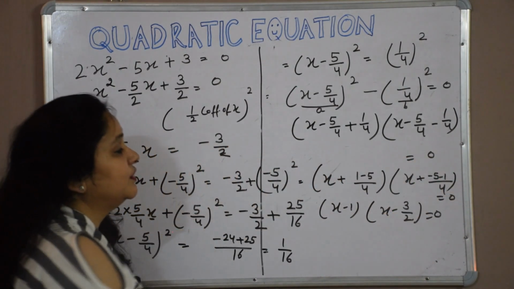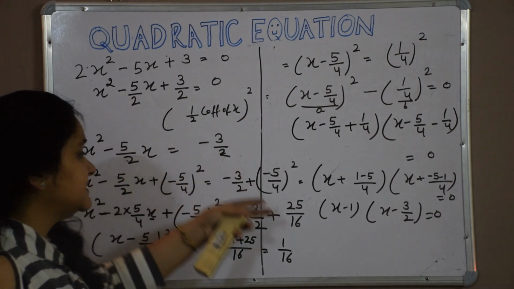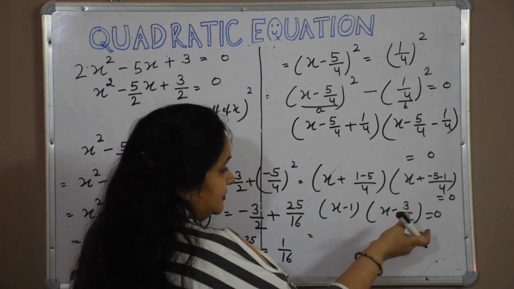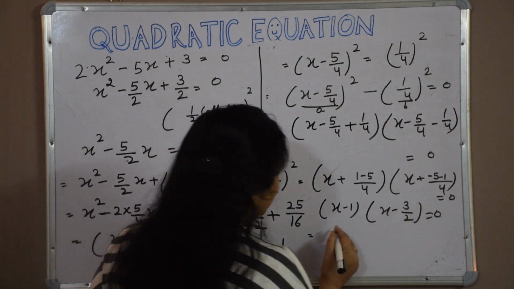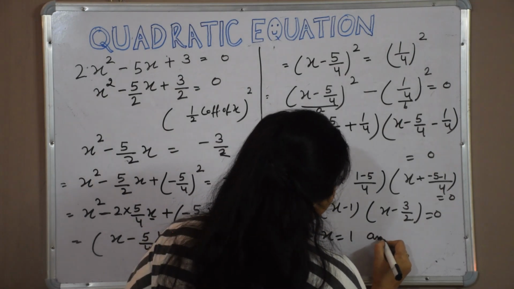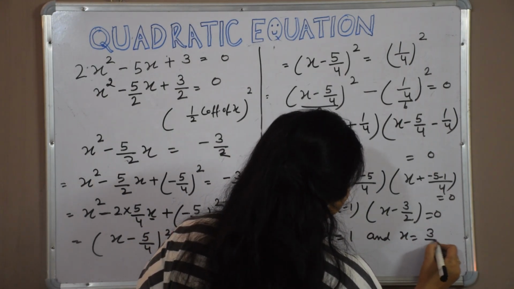This equals 0 we have to write everywhere because this is our equation. So the product of two things is 0, so either of them is 0. x is equal to 1 and x is equal to 3 by 2.